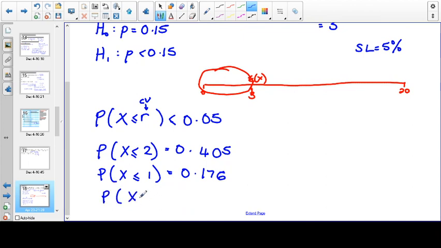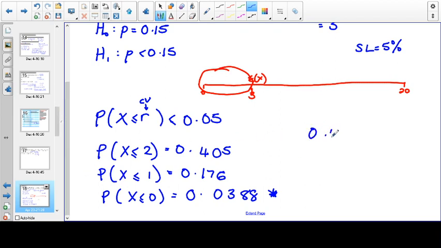If I try 0, then that's going to be 0.0388. This one here has now fallen below the 0.05. So it's only 0 that's gone below 0.05.